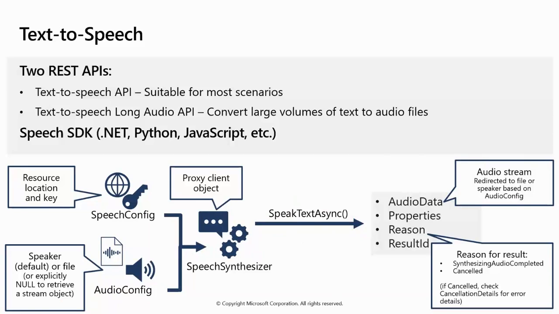The result is an object called speech synthesis result that has the following properties: audio data, properties, reason, and result ID. So when speech has been synthesized successfully, the reason property is set to audio completed, right here, and the audio data property contains the audio stream.